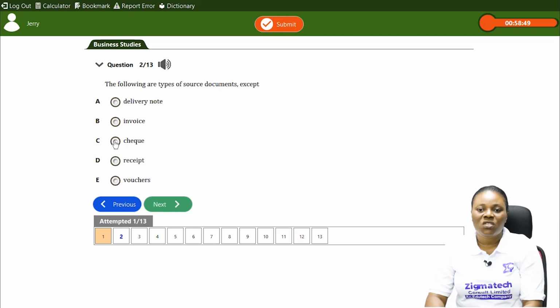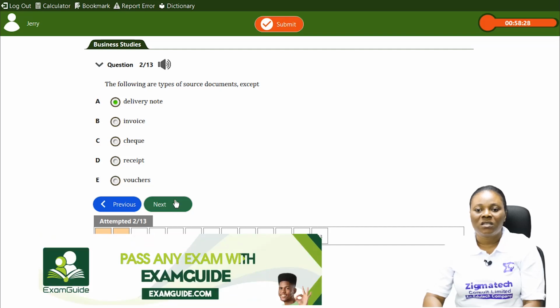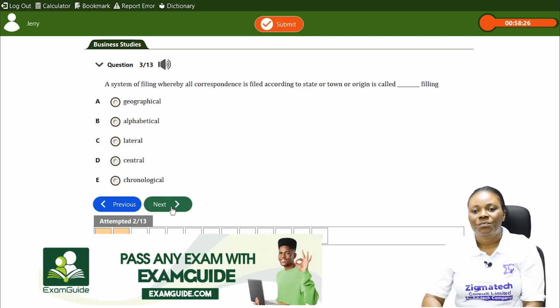So which of these is not a source document? The answer is A, delivery notes. A delivery note is not a source document. All the others are documents used in an office. We've looked at invoice, check, receipts, voucher. So delivery note is the odd one out.